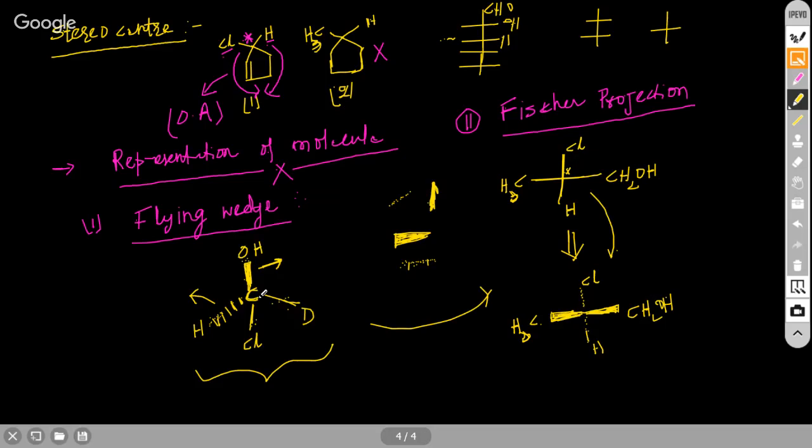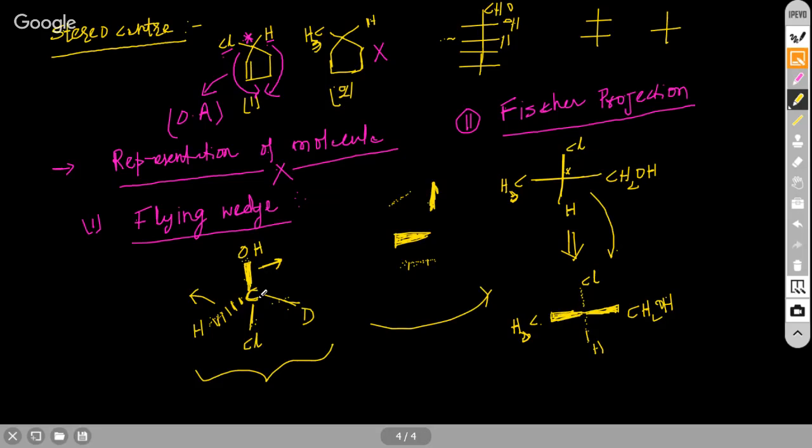Now, like I said, the D and L configuration of a molecule is experimental. To find D and L, you have to perform that experiment, the first one that I discussed, but we cannot do that in the exam. So we have different terms to define the behavior of a molecule towards plane polarized light, and those we call R and S configuration.